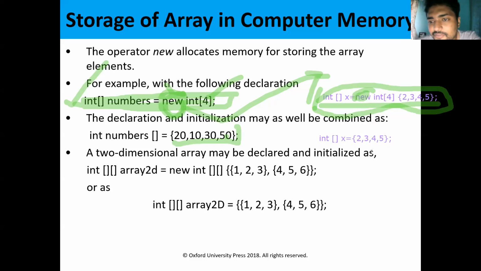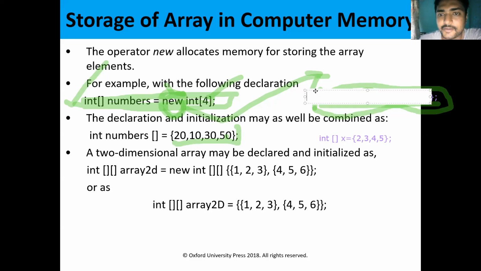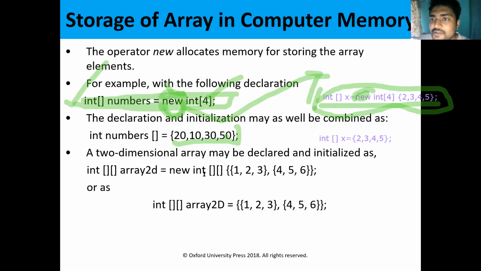So this is another way of initialization of an array. Both syntaxes can be followed, but this one is the best way to declare or initialize the array. So this is all about array declaration and array initialization. The same will be followed for 2-dimensional arrays as well as 3-dimensional arrays.